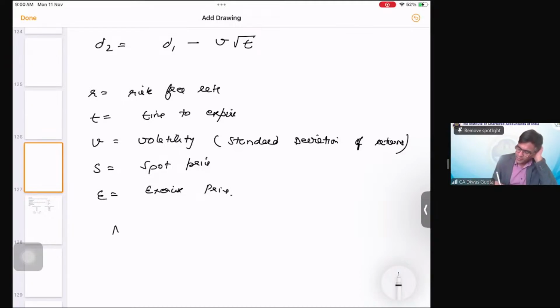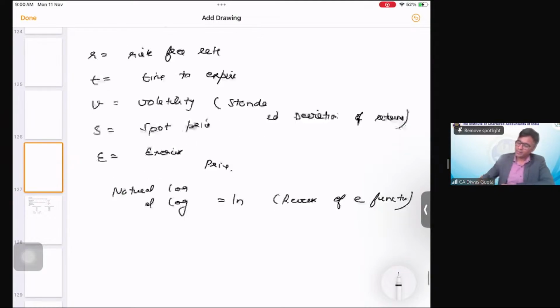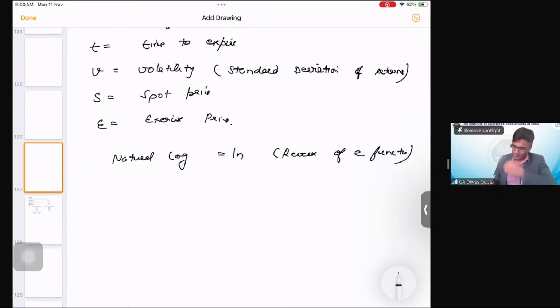Okay, this natural log, we have already discussed, is denoted by this sign, and it is the reverse of the exponential function, which is the E function. So for example, E raised to the power A is equal to B. Correct?